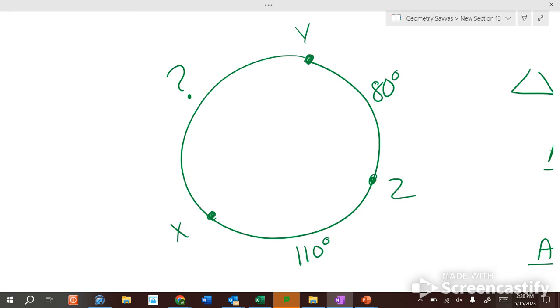Why not? It is 170. Because how many degrees are in a circle? 360. If we use 80 over there and 110 over there, there's just 170 left.